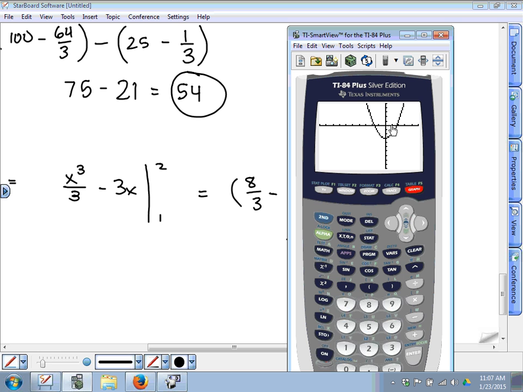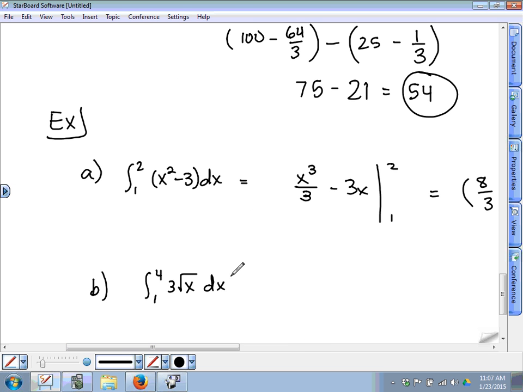We're supposed to find the area from 1 to 2, but look at where that is. It's underneath. A negative area is an area underneath the x-axis. You guys following?